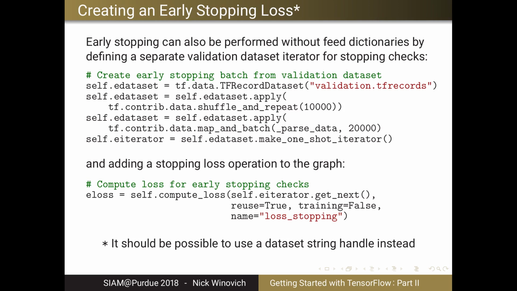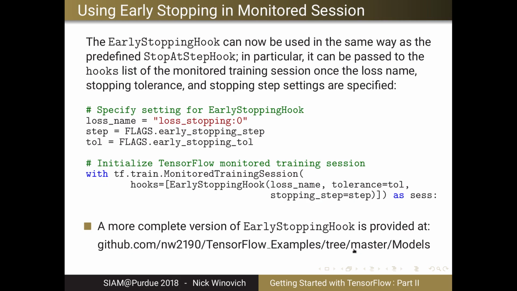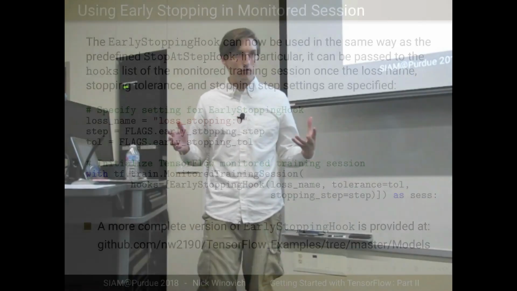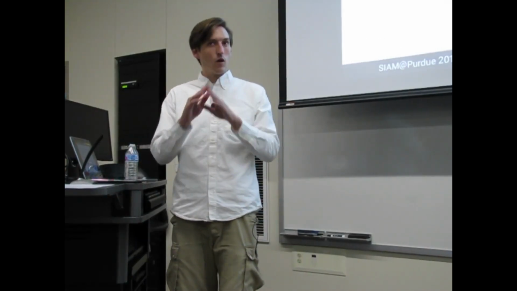So I go through the exact same procedure as before for creating the data set, and I just compute a separate loss. This way, I don't need to use a feed dictionary, but you can also use the feed dictionary, and it should be possible to use that with a data string handle as well. Once you've defined that, all you have to do is add it, just like we did with the stop at step hook. You just provide it to the list of hooks, maybe set your stopping step and your stopping tolerance, and that's effectively it.